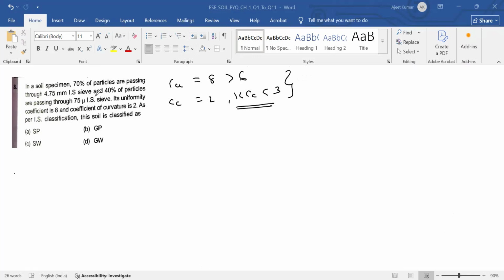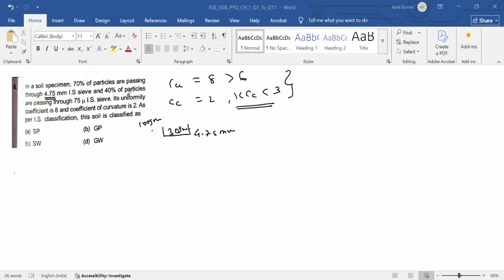Let me first analyze the size. 70% of particles are passing through the 4.75 mm sieve. If we have a soil sample of 100 grams, 70% pass, so 30 grams will be retained on this sieve.